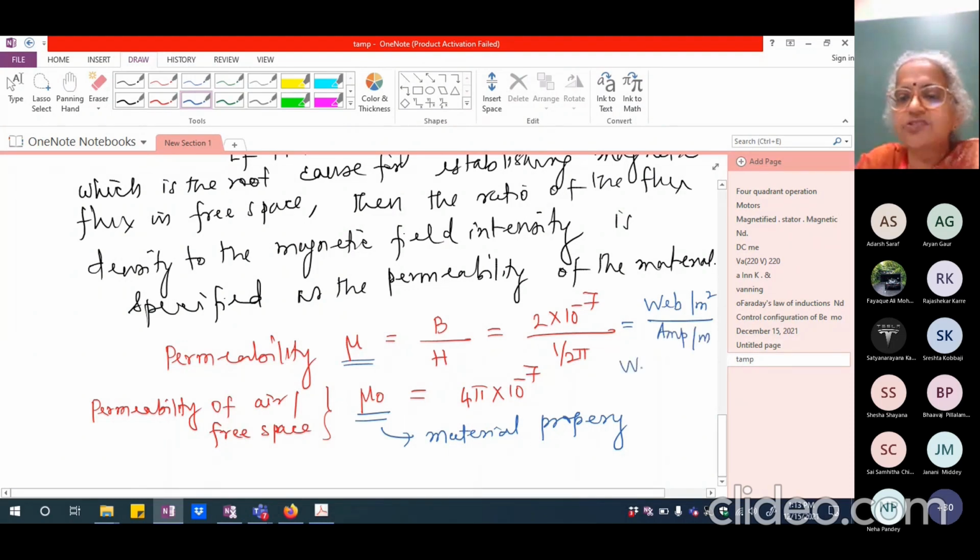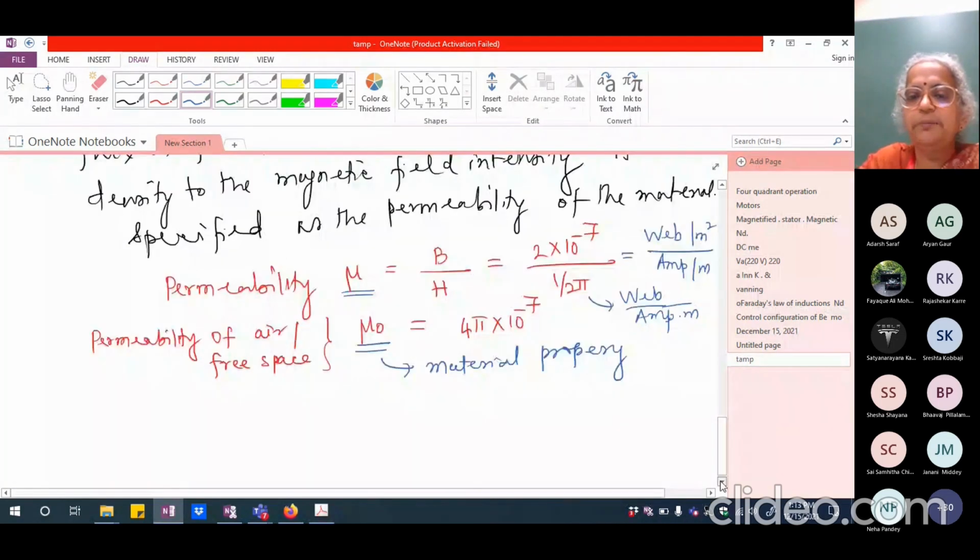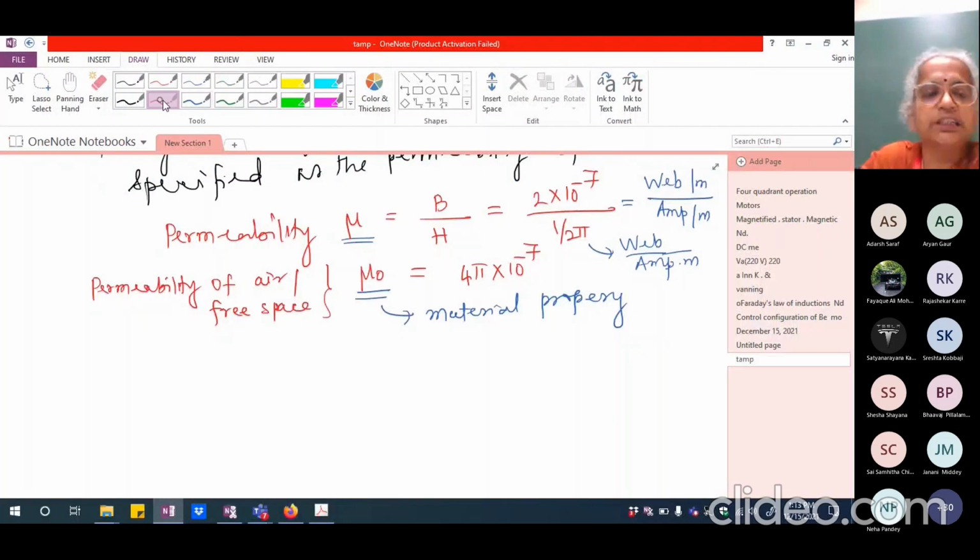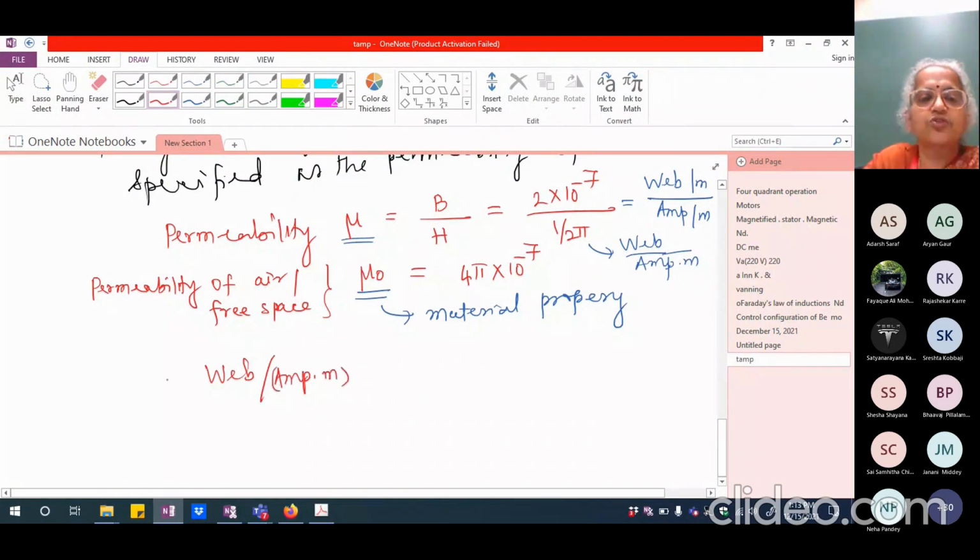So you are going to have this as Weber per ampere meter. This is going to be the unit of permeability. Both of them are coming in the denominator.